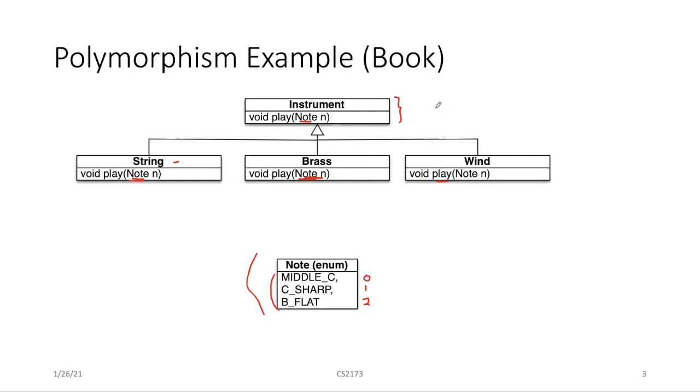So again, this is important to understand, because it can be a little confusing. If I declare a variable to be an instrument, then I can put in any one of these three objects, an object of type string, an object of type brass, or an object of type wind.